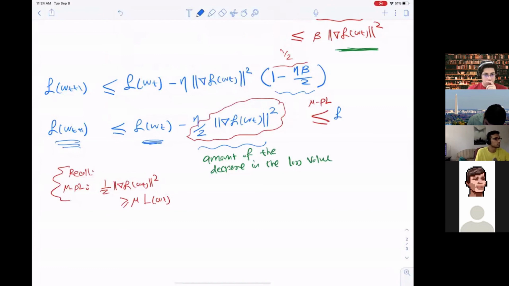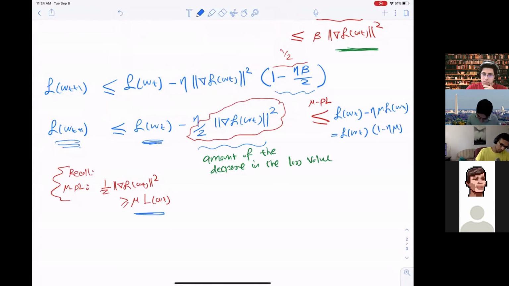This is equal to loss at WT, but this guy is less than mu times the loss at WT. So the whole thing is going to be less or equal to eta times mu times the loss at WT. I can just factor out the loss of WT, so I'll get 1 minus eta times mu.